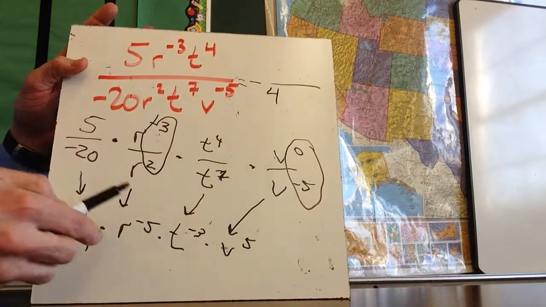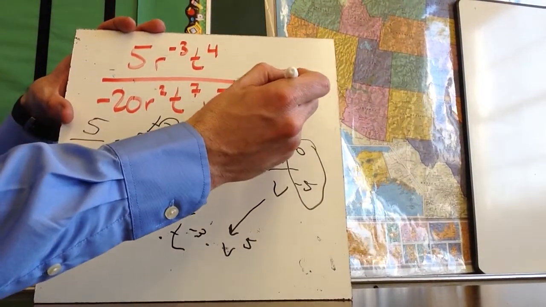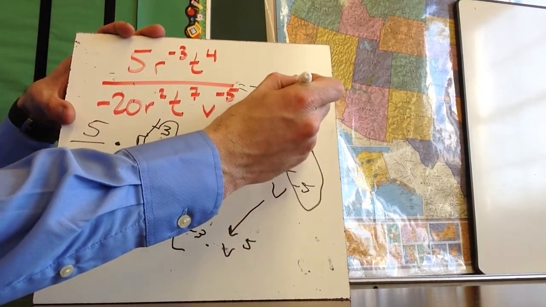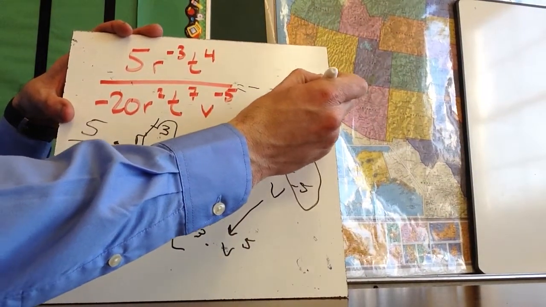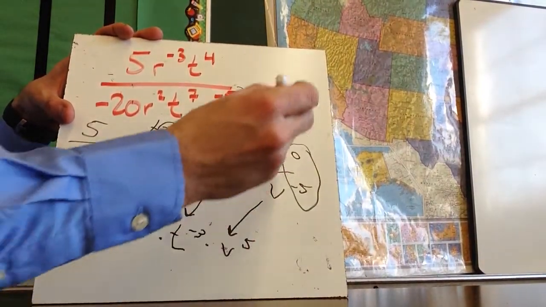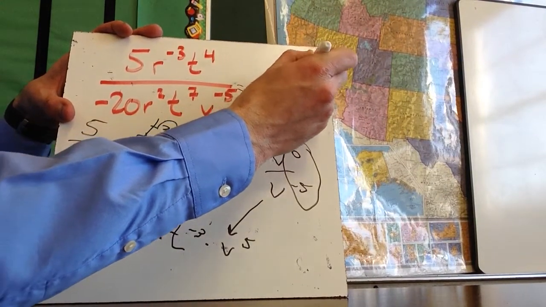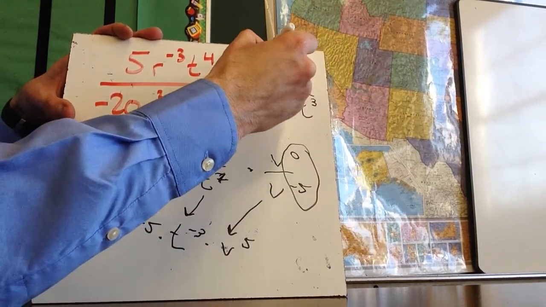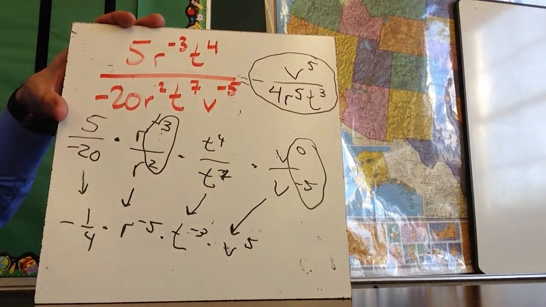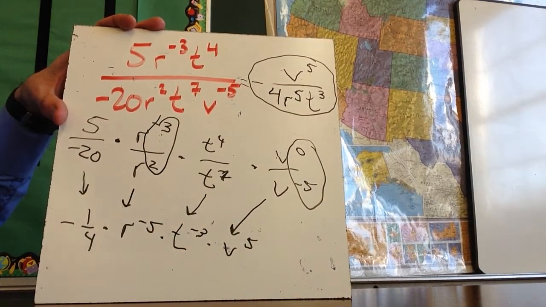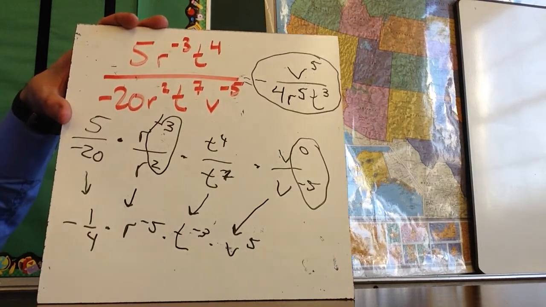So r to the negative fifth is the same as 1 over r to the fifth. Right? So that's going on the bottom. T to the negative third, this is going on the bottom, and then v to the fifth is actually going to be on top. So remember, and don't forget the negative sign. Negative v to the fifth over 4r to the fifth t to the third.